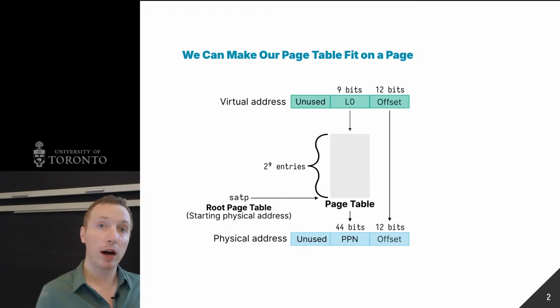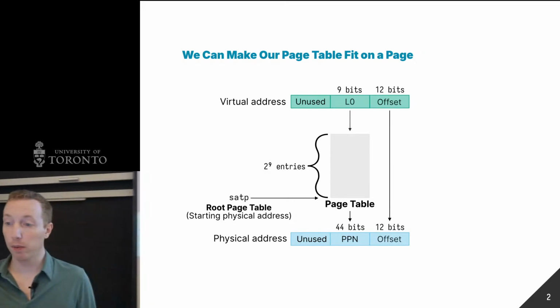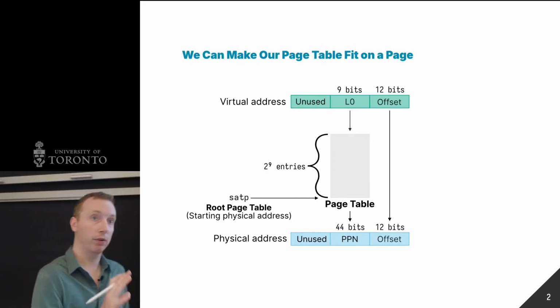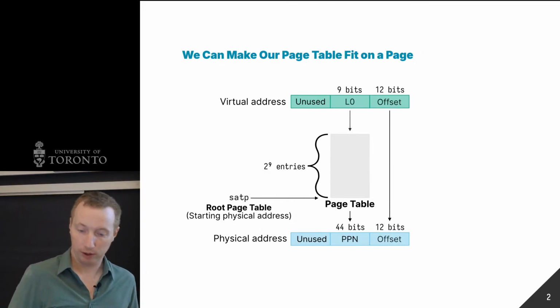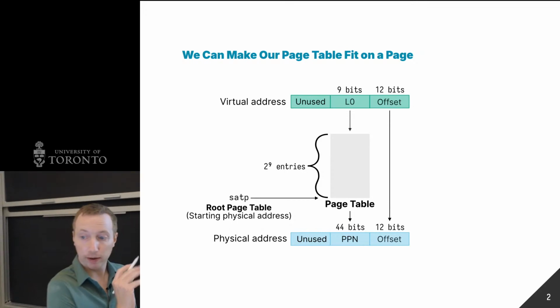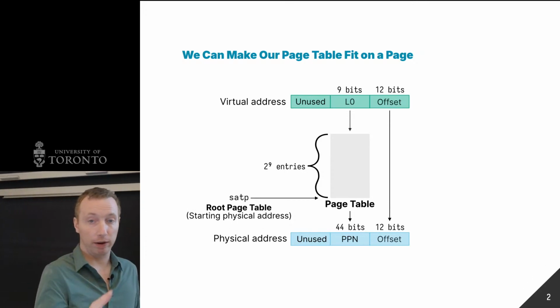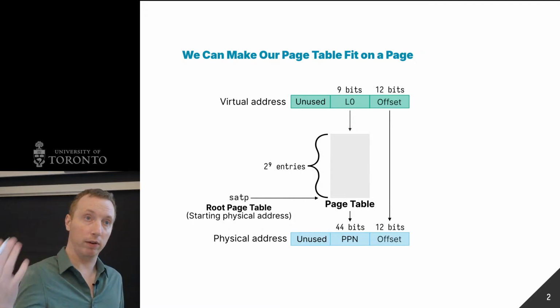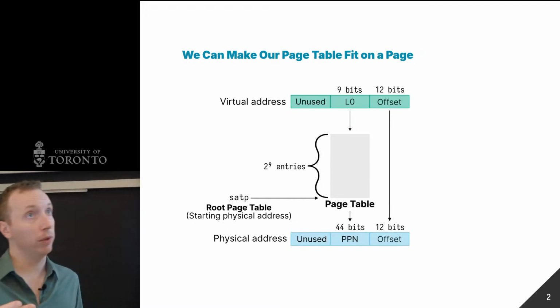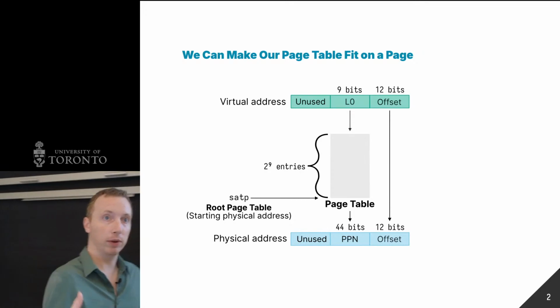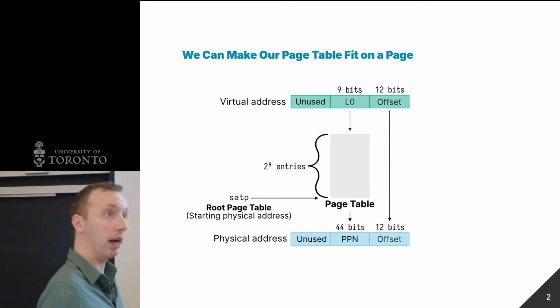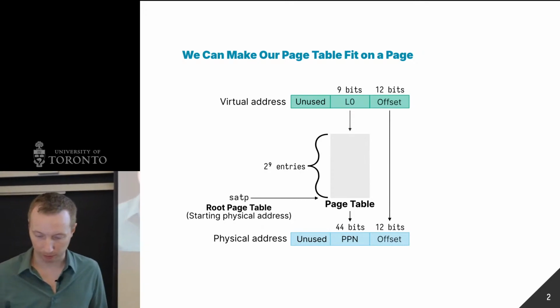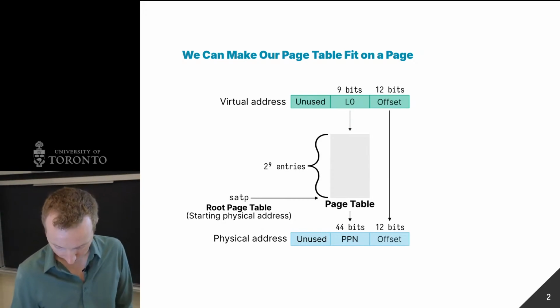That will obviously limit how many entries we can store in the page table. So if my page table is 4K, or 2 to the 12, I can only fit so many entries.